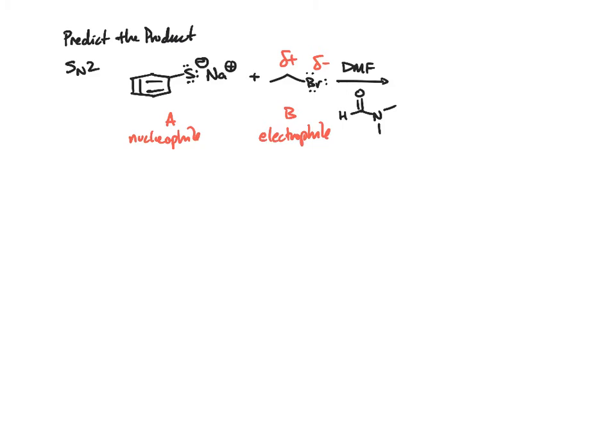So it's going to be the sulfur atom, which is negative. That's going to attack the carbon bearing the leaving group, which is the delta positive one. So the arrow starts at the sulfur lone pair. It's attacking the carbon bearing the leaving group. And we're using that double-headed arrow again, which shows the movement of 2 electrons.